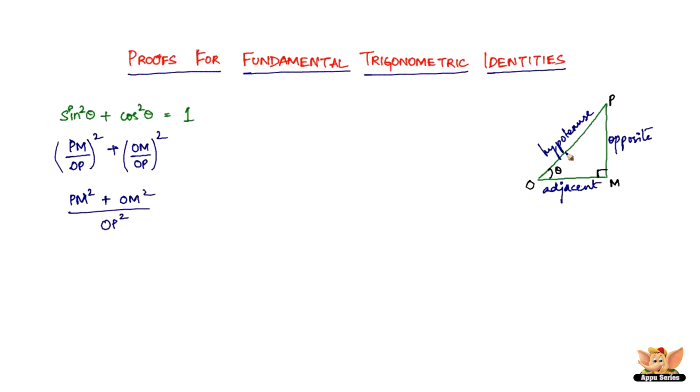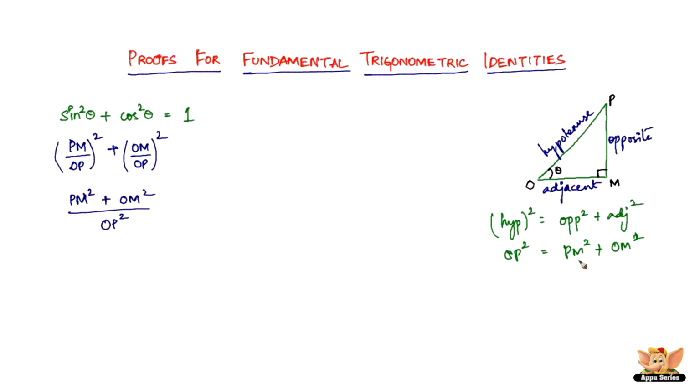Now if you consider this right angle triangle, we've got the Pythagoras theorem. The Pythagoras theorem states that the hypotenuse square is equal to the sum of the squares of the other two sides, that is, hypotenuse square equals opposite square plus adjacent square. The hypotenuse is OP, so OP square equals PM square plus OM square.